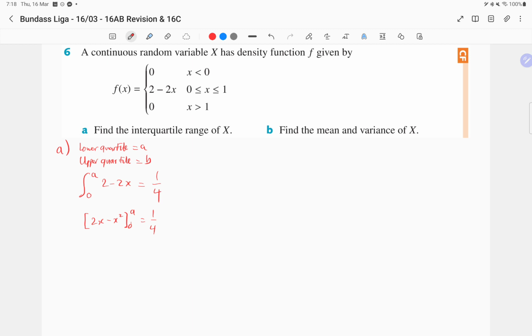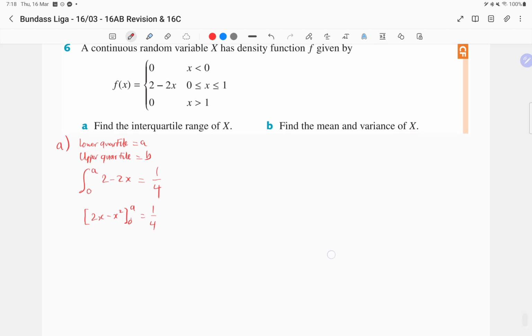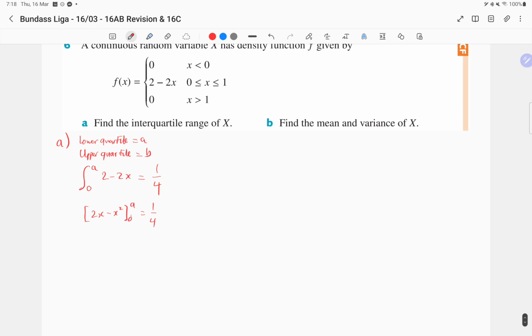Question 6 is a calculator question, so I have to use the calculator to solve it, not by hand.